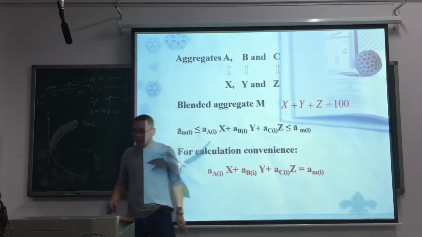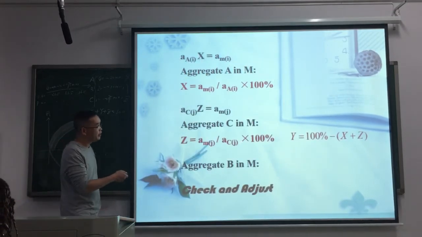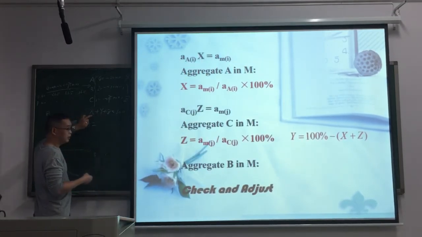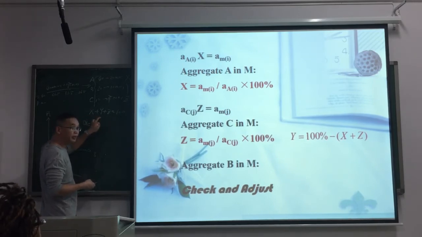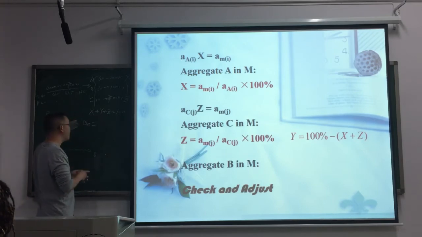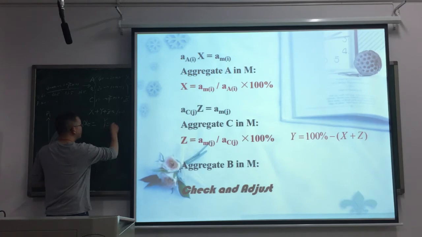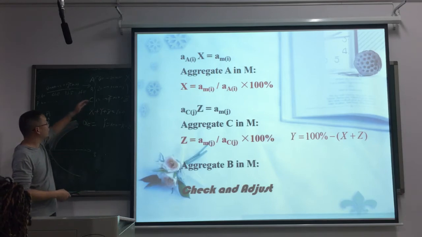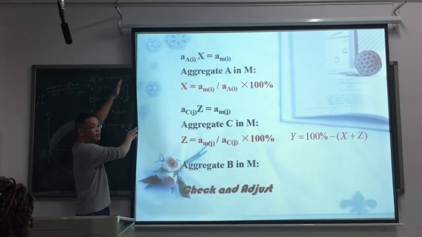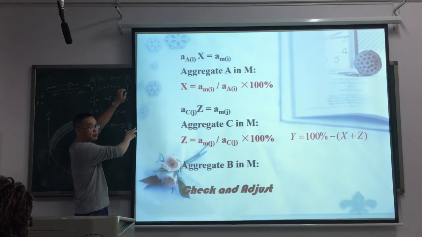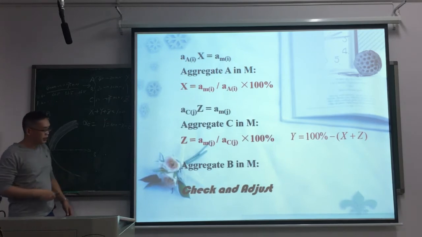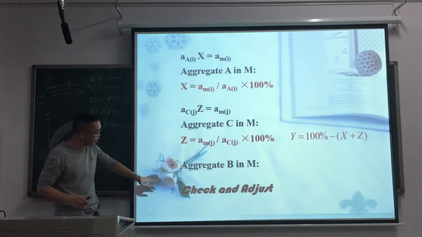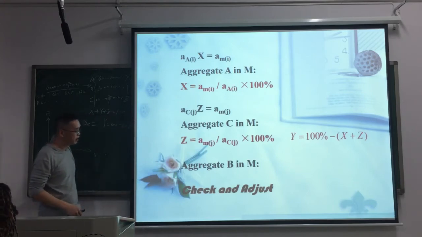Just this one, we can decide Z. When we get X and get Z, how can we get Y? Y is 100 minus X minus Z. So we can decide the content of each kind of aggregate. But when we use this percentage, we must check and adjust.